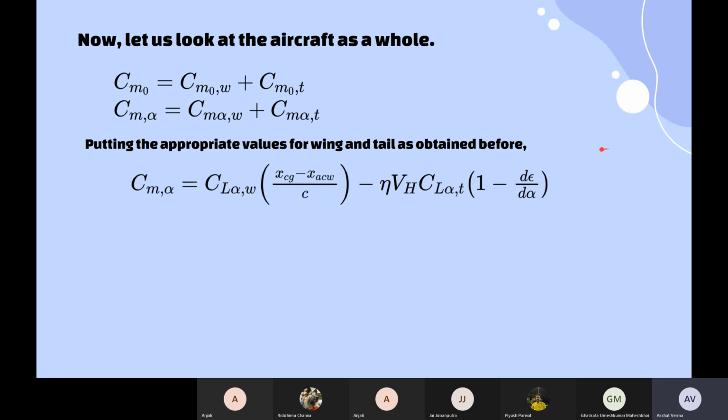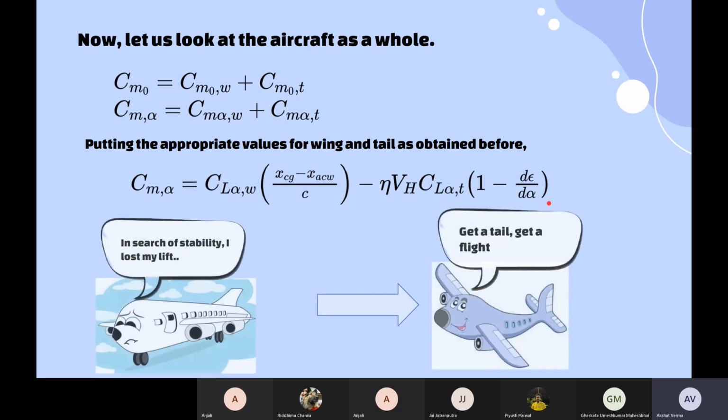So we have done many mathematical manipulations on the way to get this formula, but what is the use of it? What does our aircraft gain from it? This is the situation we started from, and finally this will be the situation we get here.